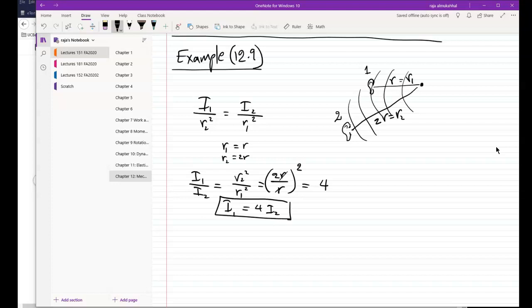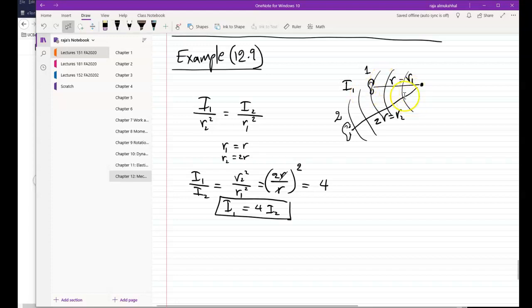What does that mean? It means the following. When the observer was located at position 1, his intensity was I1.